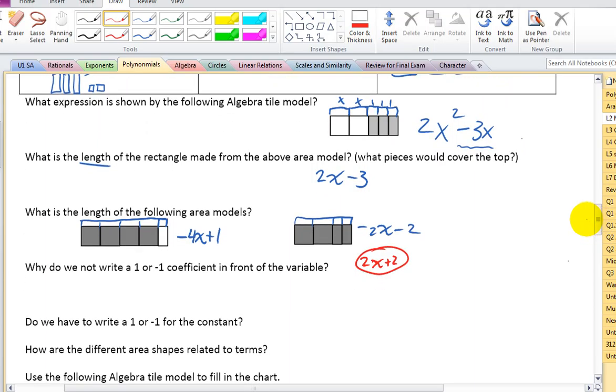Question for you. Why do we not write a 1 coefficient in front of the variable? In other words, why do we write negative x, not negative 1x? Yeah. The 1 is not needed.